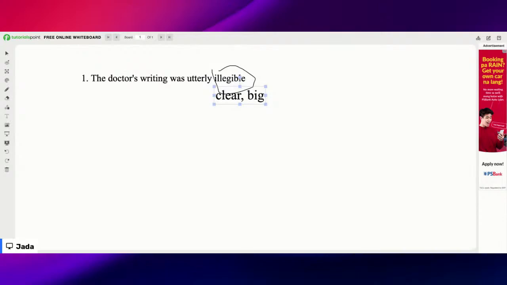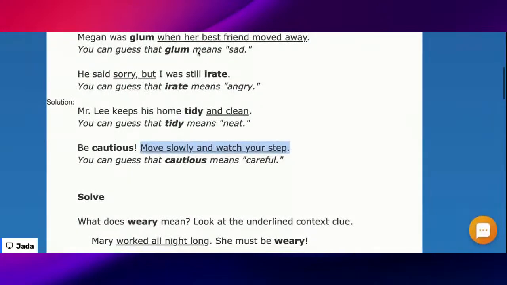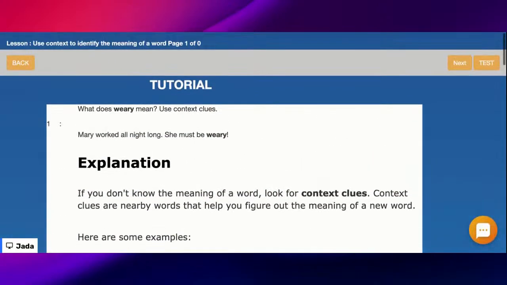Let's look at this. Now we have, what does weary mean?